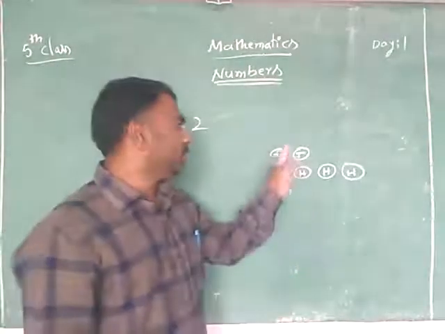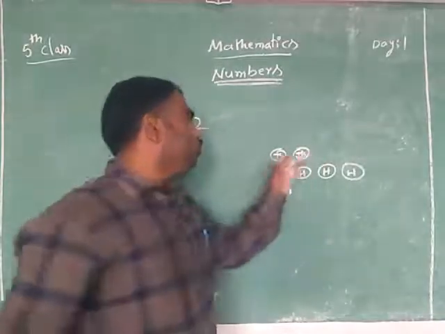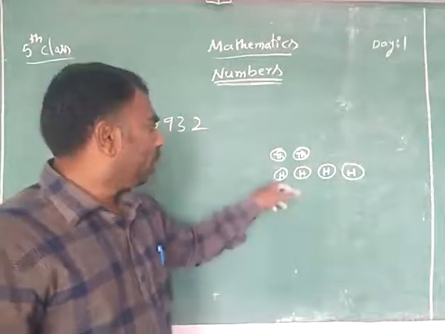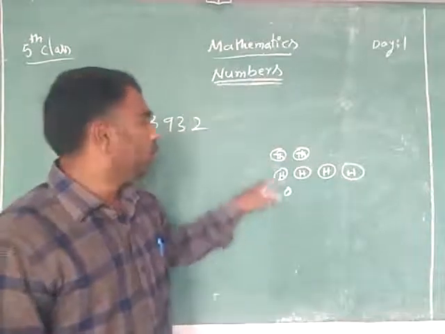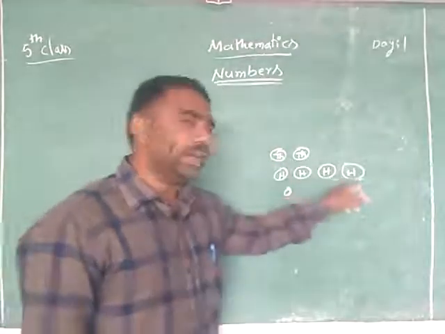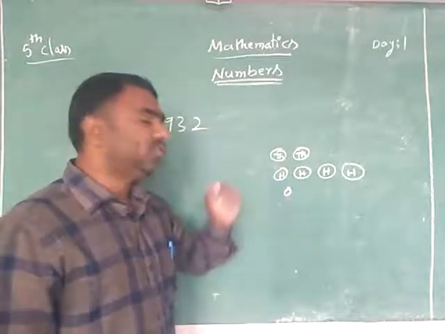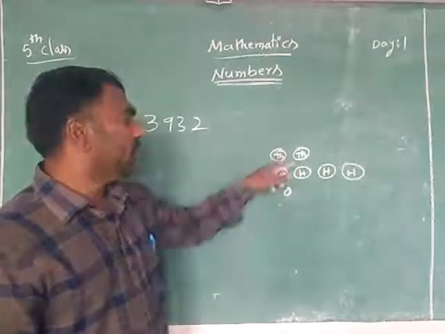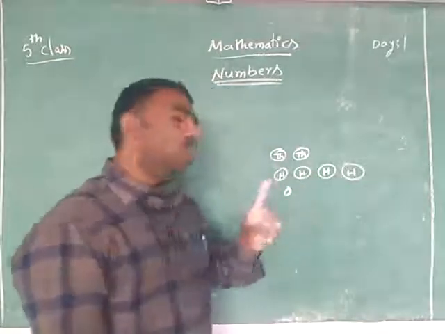Easily we can read this number. 2 packets of 1000 is 2000. Hundreds are 4 packets, so you will easily say 400. 2400. And here tens packets are not there, only 1 chocolate is there. That's why what do you say? 2401 chocolates.